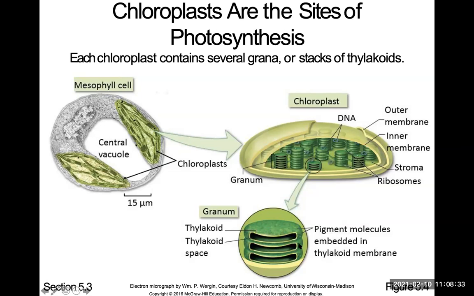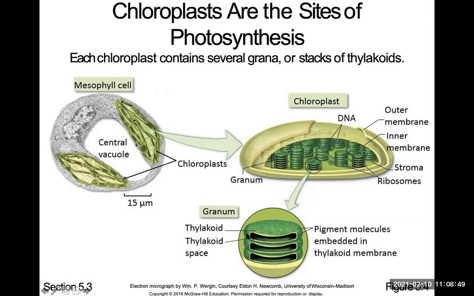This is thylakoid, this is thylakoid, this is thylakoid. Inside, you see some space. This is called thylakoid space. So you have thylakoid space, and this single one is called a thylakoid.